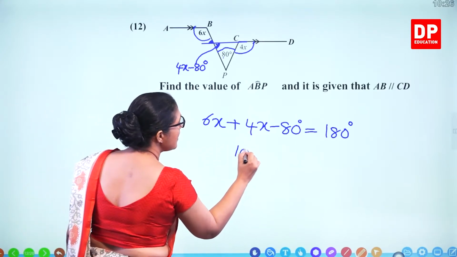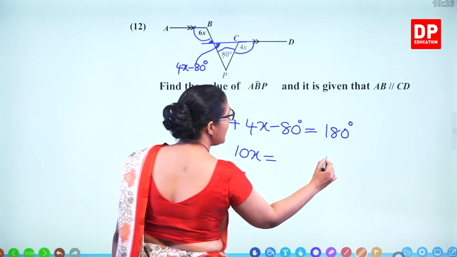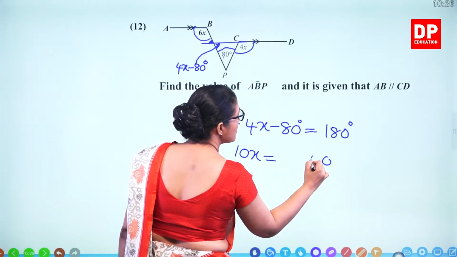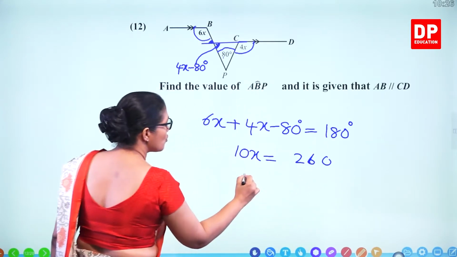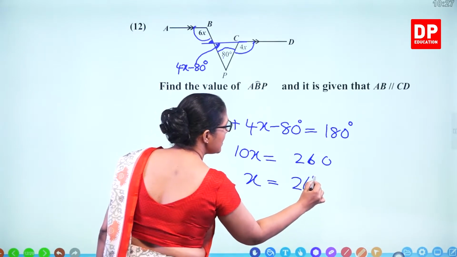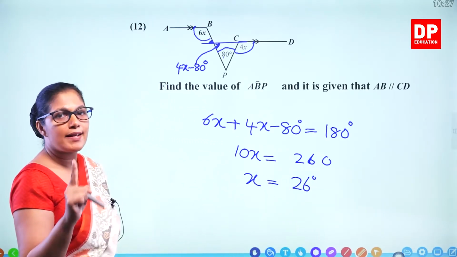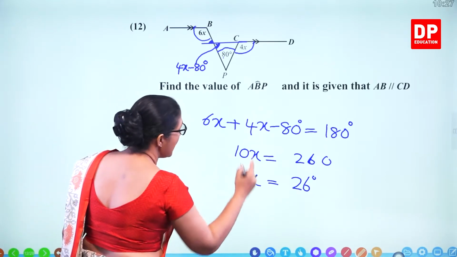So 10x equals, take 80 to this side, 80 and 100, 180 plus 80, 260. So x equals, divide by 10, 26 degrees. So if x is 26 degrees, what is 6x?